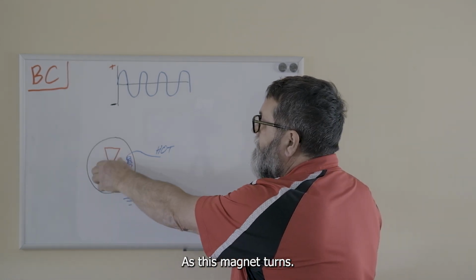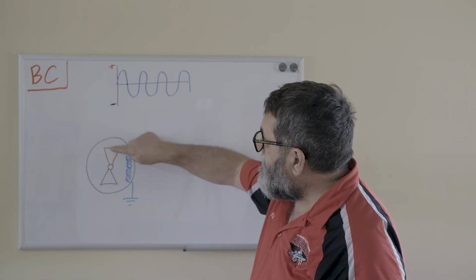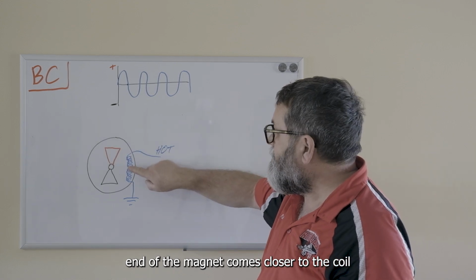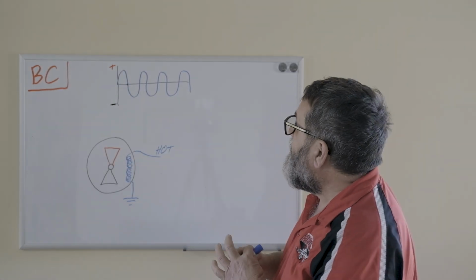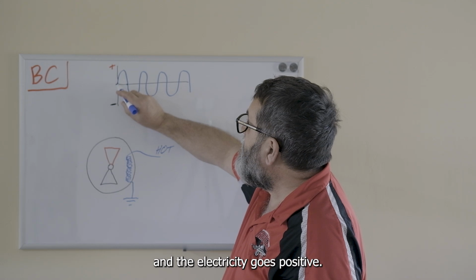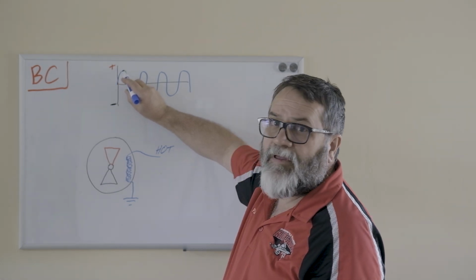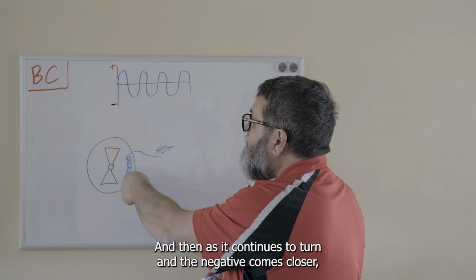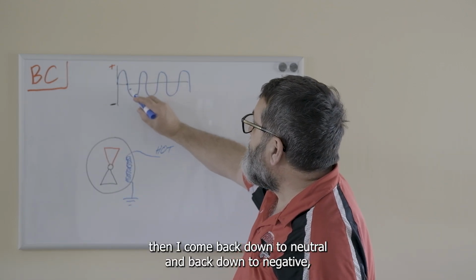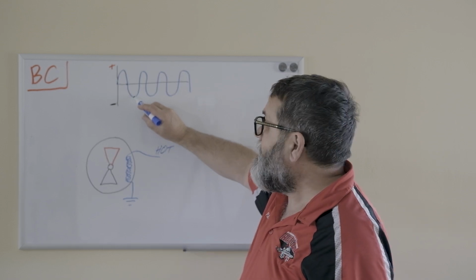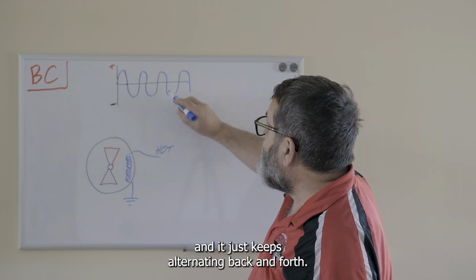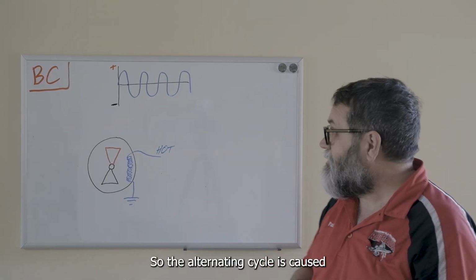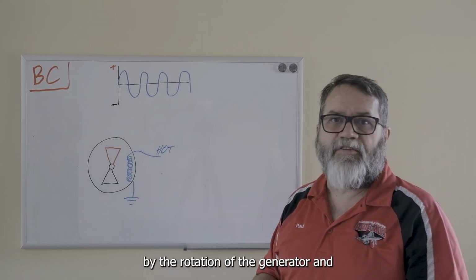As this magnet turns, this positive end of the magnet comes closer to the coil, and the electricity goes positive. And then as it continues to turn and the negative comes closer, then I come back down to neutral and back down to negative, and it just keeps alternating back and forth. So the alternating cycle is caused by the rotation of the generator.